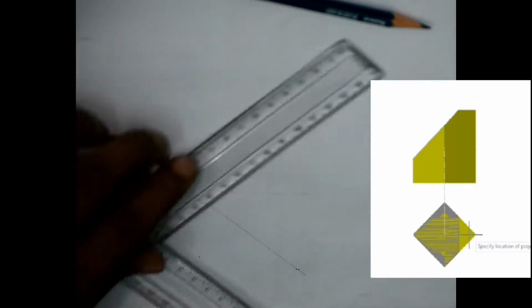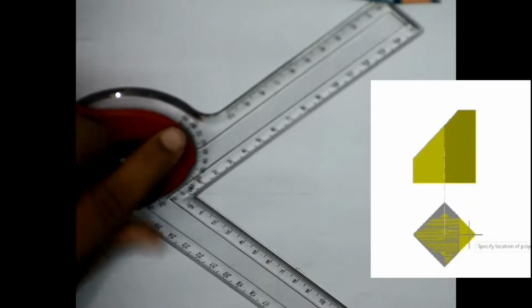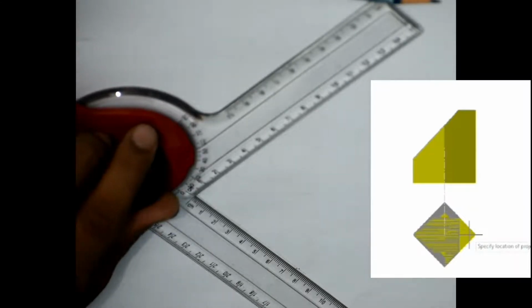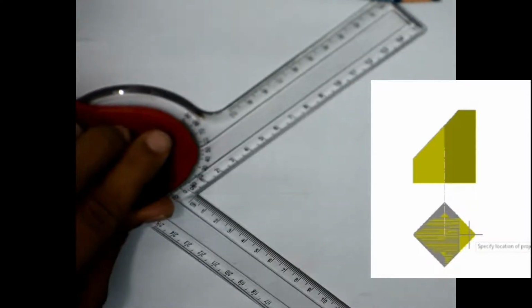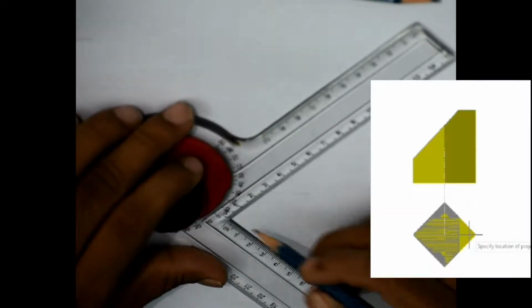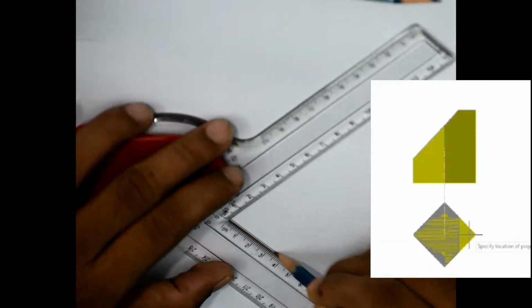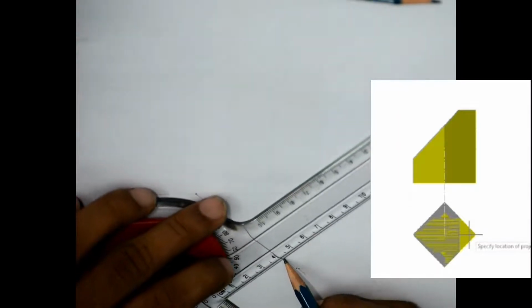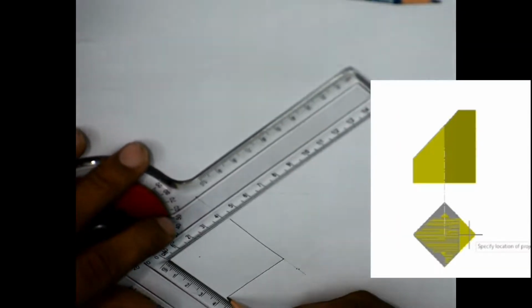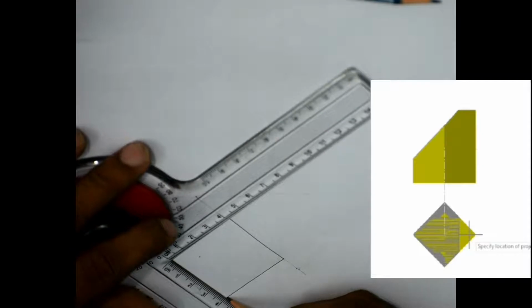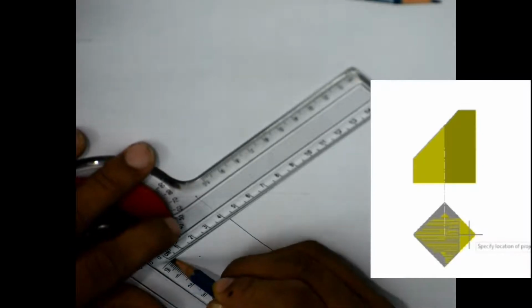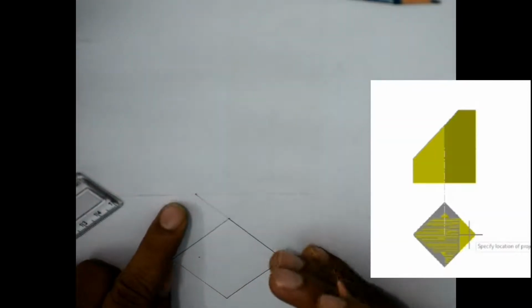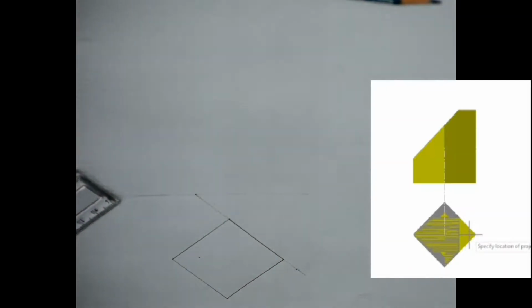Now, as one side of the square is given as 40 mm, I will draw one side of 40 mm. This means that this is making an angle of 45 degrees. This is also making an angle of 45 degrees, which was actually given in the question.